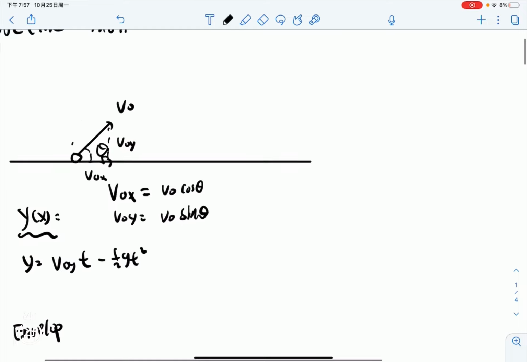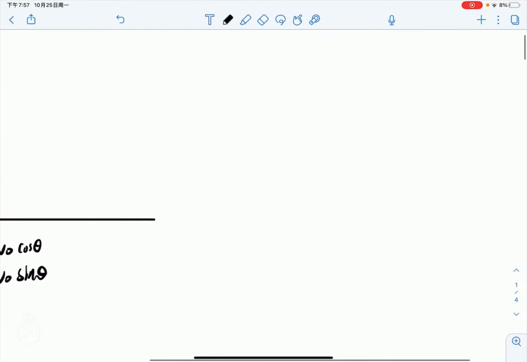Well, I need to derive it first. Never mind. Okay, so first we're going to derive these equations. The definition of acceleration is dv over dt.